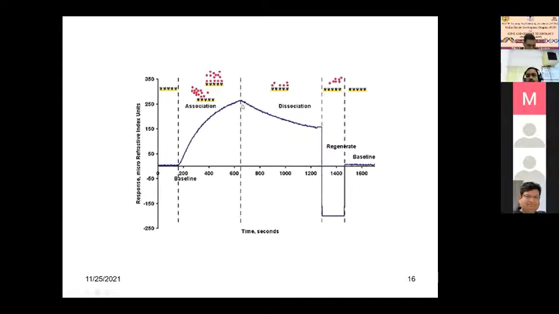Then there is a natural dissociation. The antigen that is bound to the antibody starts dissociating, and that's why your SPR sensor is capable of visualizing the dissociation in real time. If the natural dissociation is faster, you see that the affinity, or the binding constant, is lower.